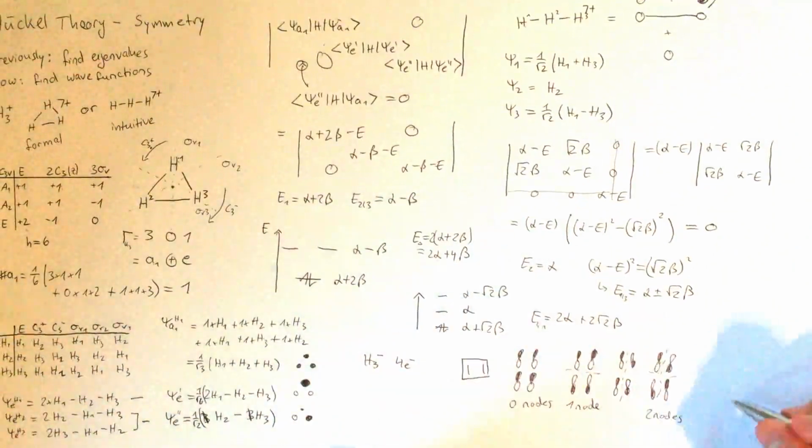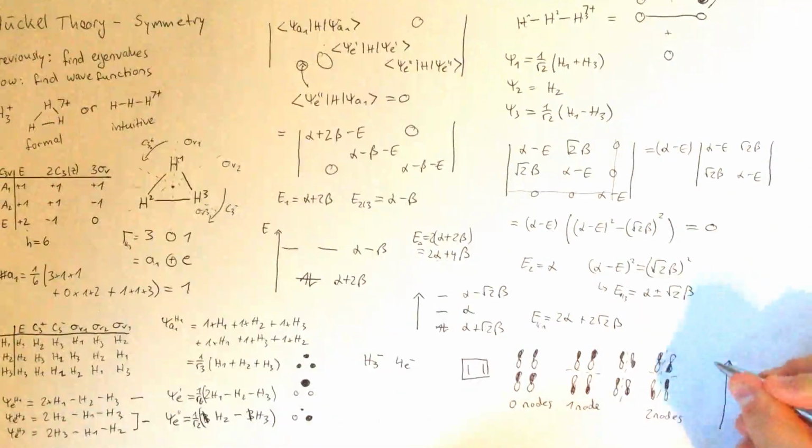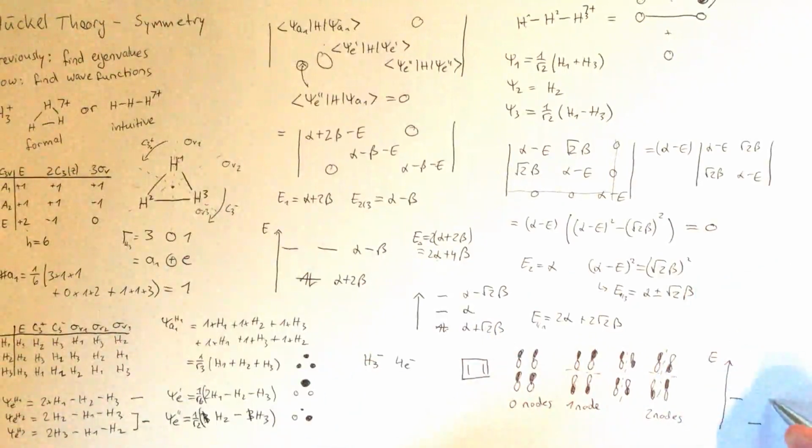And if I were to draw an energy diagram, it would look like this. Since here all the orbitals overlap, so we're lowest in energy, here we have 1 node and 2 versions of 1 node, so they're degenerate, and we have 1 orbital with 2 nodes.